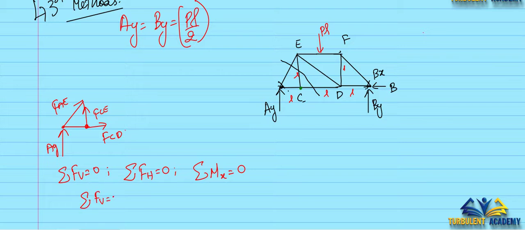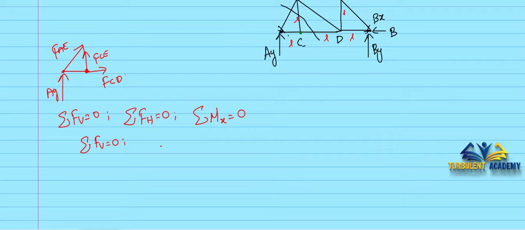Summation of vertical forces equal to 0. What will we get? We will get AY, FCE, FAE. If we solve summation of horizontal forces, it would be FAE and FCD, so both will be there. First we'll have to find FAE, then by getting that we can solve FCD. So to find FAE, we can resolve the vertical forces.